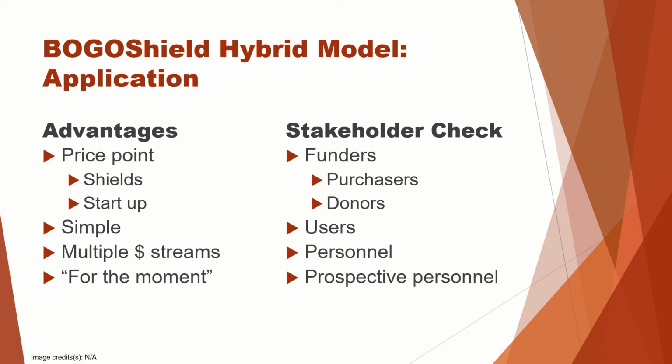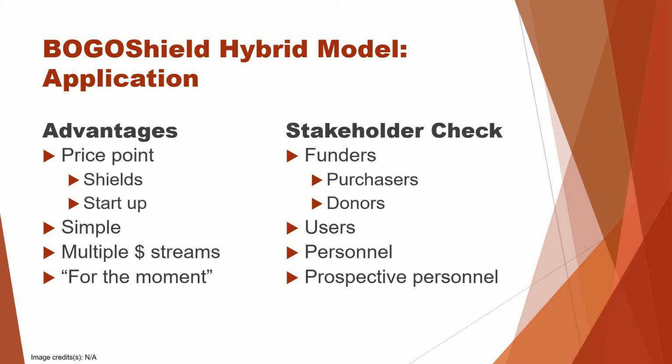The advantage of the not-for-profit model in terms of how we've set up is it enables a low price point that works both from a startup perspective for our personnel contributing to this and also for those buying the shields. For the one-for-one model, we arrived at a price point of $10, buys one for yourself and one to be donated to a deserving recipient, which is a frontline worker or volunteer, someone in high health risk, or someone in financial difficulty.